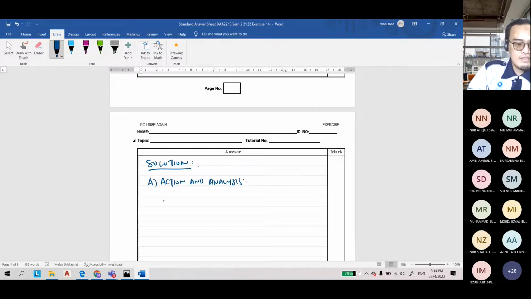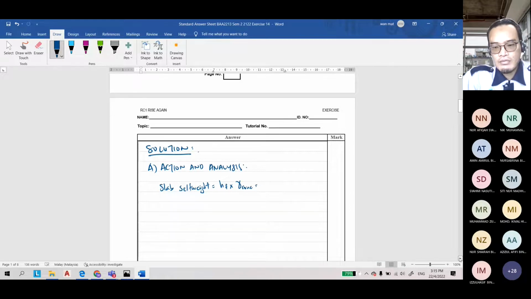First is the self weight of the slab, equal to hf multiplied by the density of concrete.